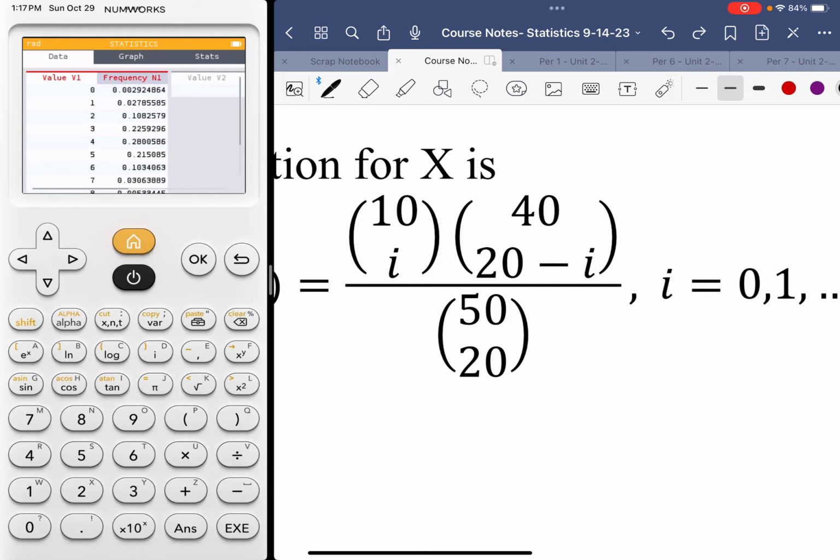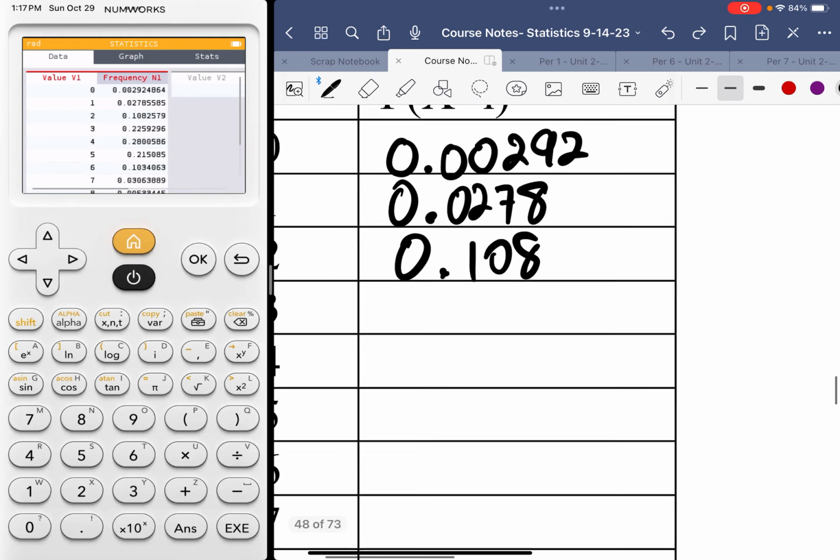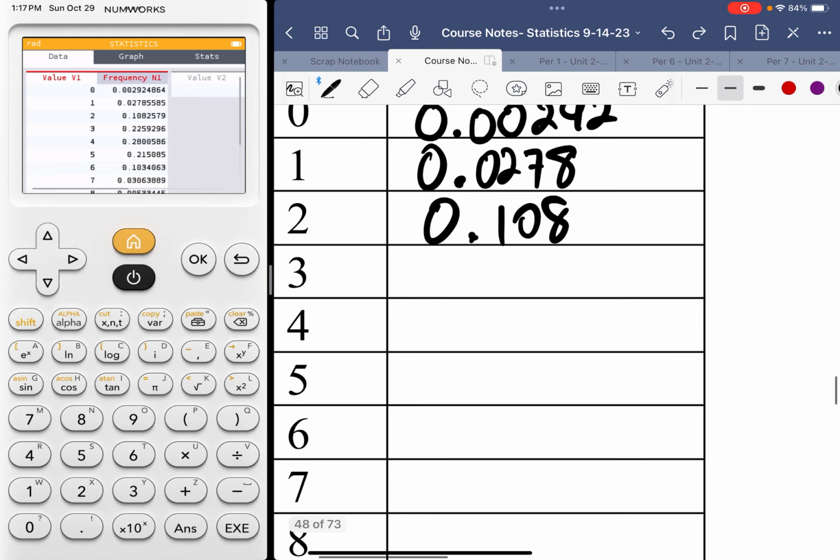But again, it wasn't that crazy of a set of computations, so you probably could have just done it all by hand and been all right with it. I mean, you're probably not too thrilled that you have to do that many computations, but it's not insurmountable is what I'm saying. Just going to get these numbers in.